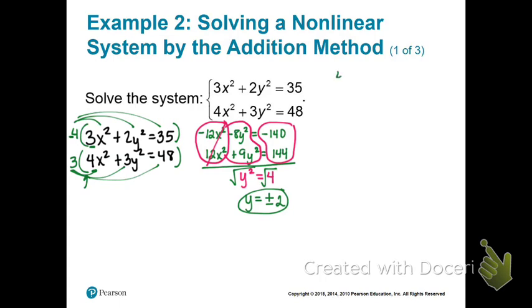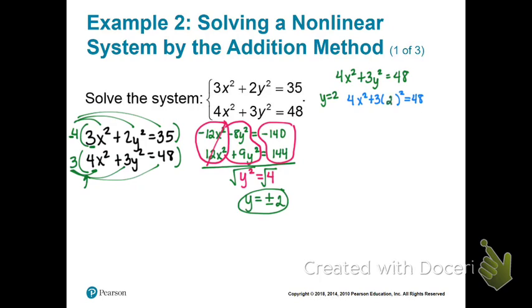So we have 4x squared plus 3y squared equals 48. And so we're going to plug in, what do you want to use first, positive or -2? Okay, so let's plug in y equals 2. So we got 4x squared plus 3, we're going to plug in our y squared equals 48. And you said we're going to plug in 2.